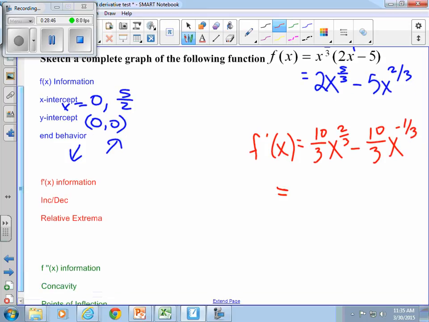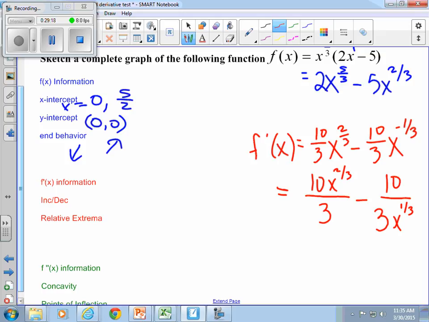This would be 10x to the 2/3 over 3 minus 10 over 3x to the 1/3, or cube root of x. Everyone agree with that? Essentially, what's the only change I made in that step? The x to the negative 1/3, put it on the bottom where it goes.